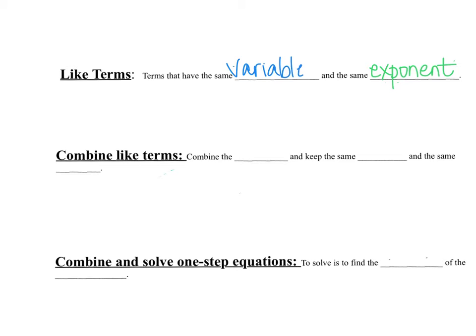Okay, so let's talk about some like terms. Are these like terms? 3x and x. Are those like terms? Notice that they have the same variables and they both don't have exponents. They have the same, no exponent. So they are like terms.